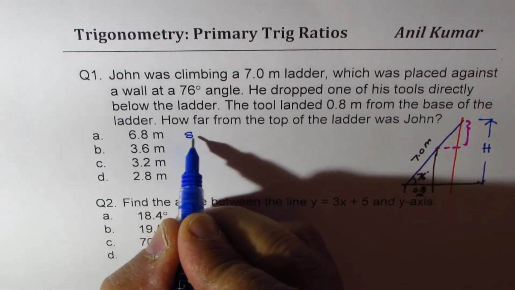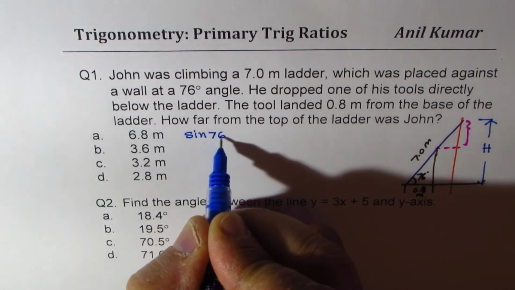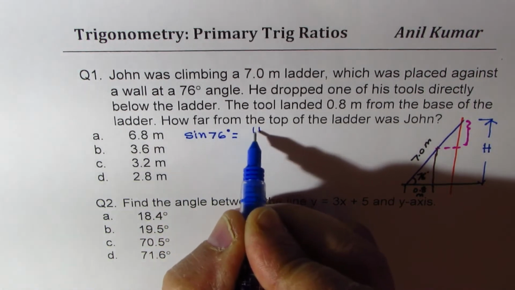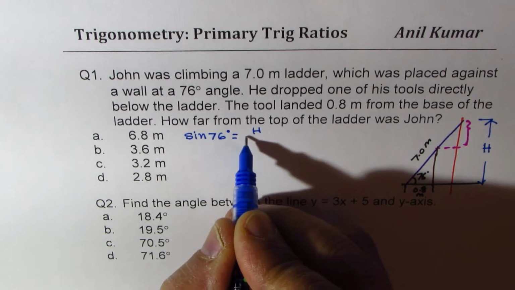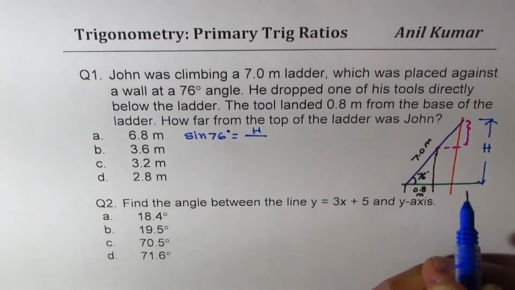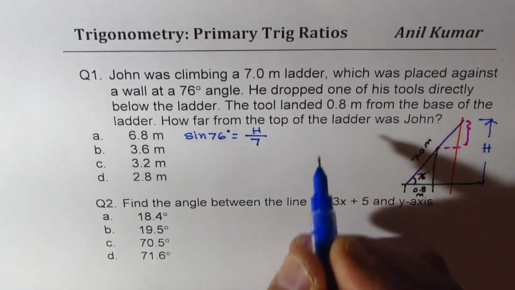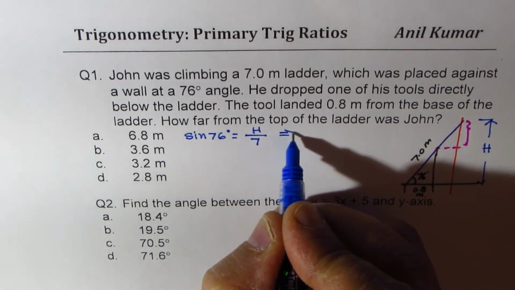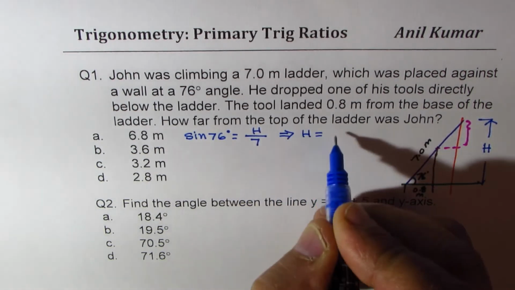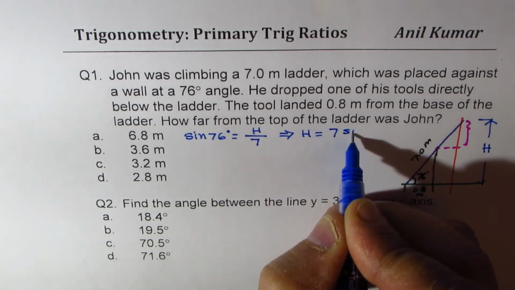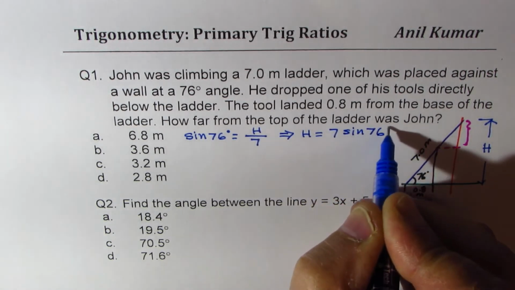So sine of 76 degrees is equal to the height up to which the ladder reaches over the length of the ladder, the hypotenuse, 7, and that gives you height as 7 times sine of 76 degrees. Perfect.